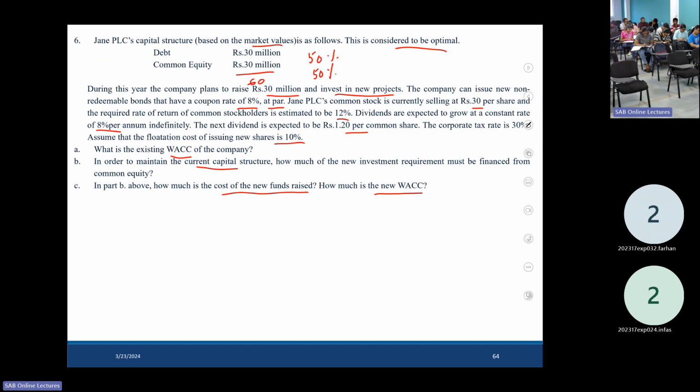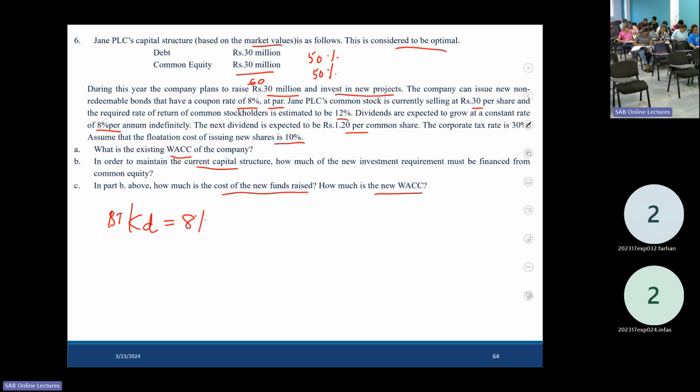It is given. So therefore we are taking this as the existing ongoing interest rate. So nothing to calculate here. Cost of debt KD is 8% before tax. This is before tax.